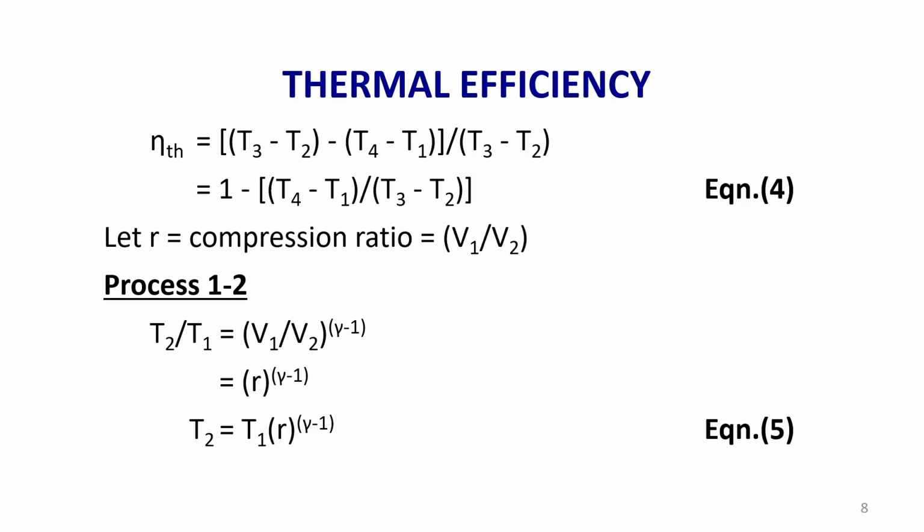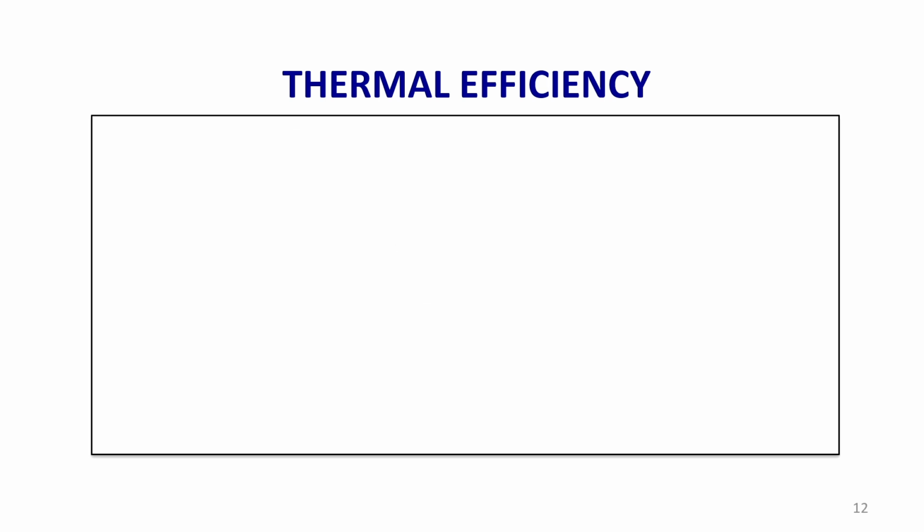So, now let us consider the process 1 to 2. 1 to 2 is isentropic compression process.